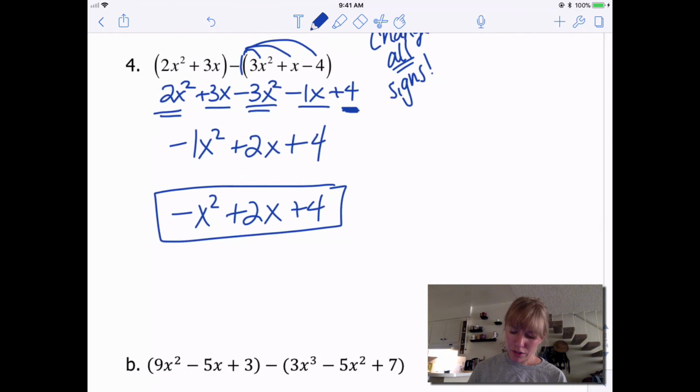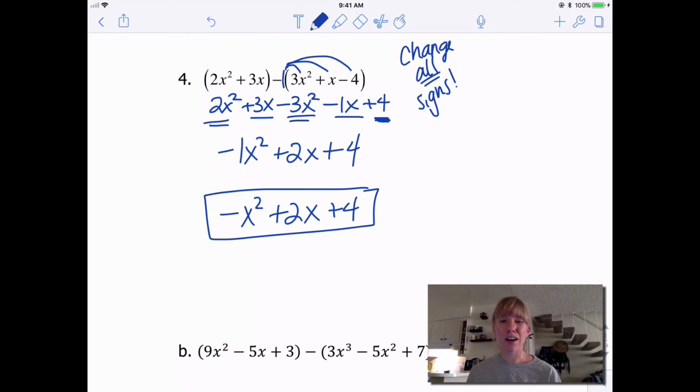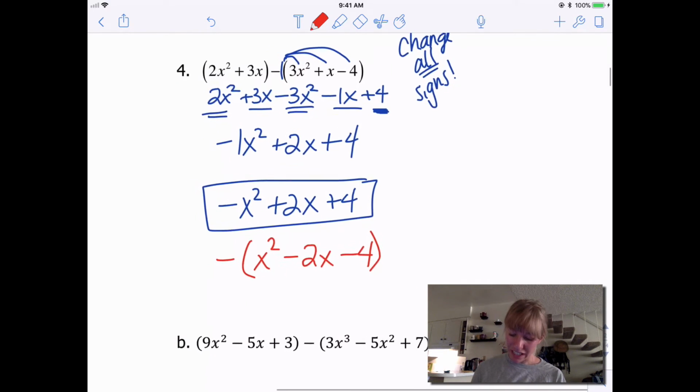Depending on the book you see, like if you take another college algebra class in a couple years, they might also write this as a negative x squared minus 2x minus 4. This is the exact same thing. We'll see why in a couple days.